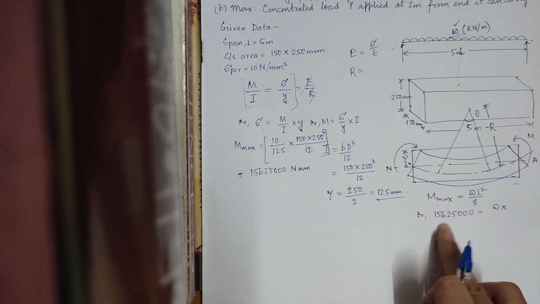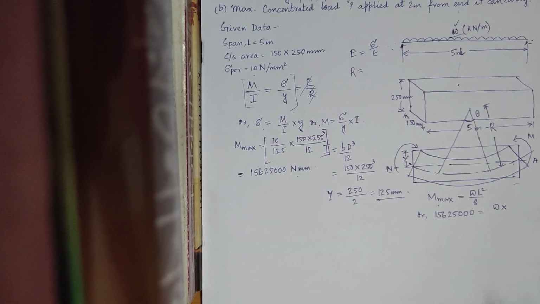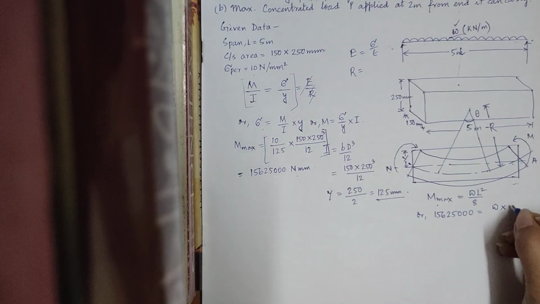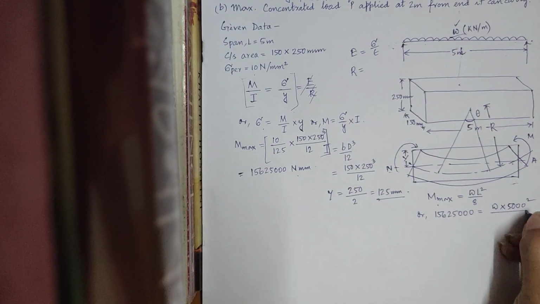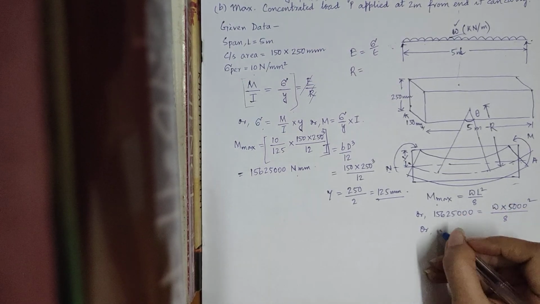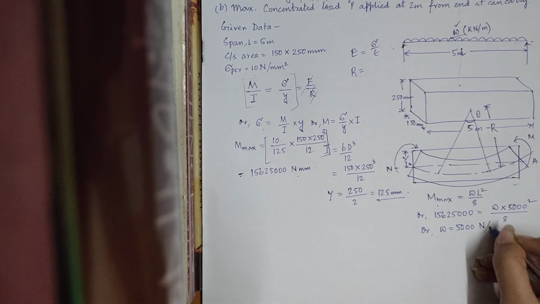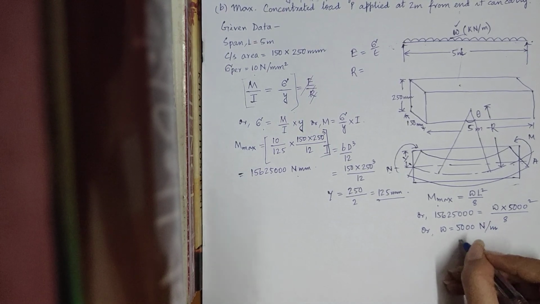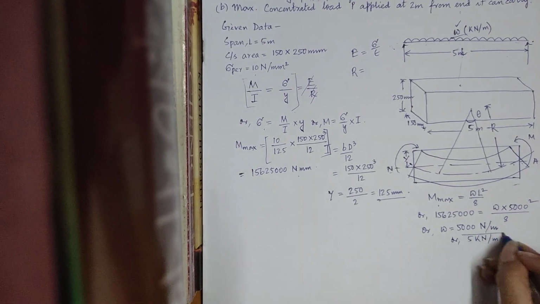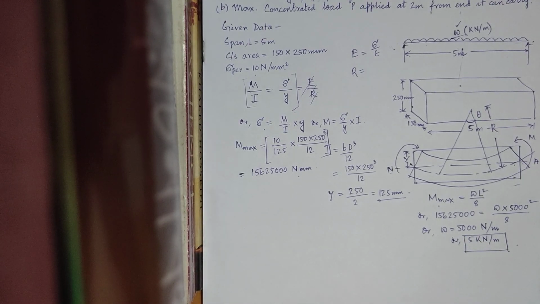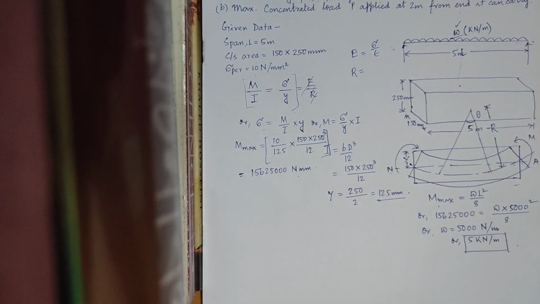Here we have taken this value as newton millimeter, so for L also we will take the value in millimeters, that is 5000 square divided by 8. If you calculate the value of W, it comes as 5000 newton per meter or 5 kilonewton per meter. So this is my value of the UDL, or the magnitude of the UDL which is acting on this beam.